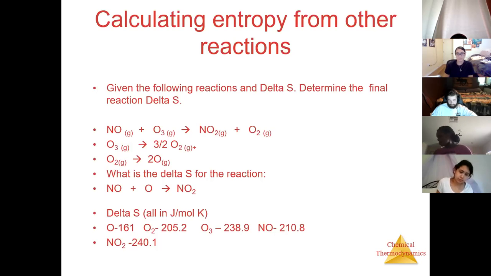I have three reactions that I need to manipulate and then add all three of those together so that I get NO plus O yields NO2. Now, how do you do this?